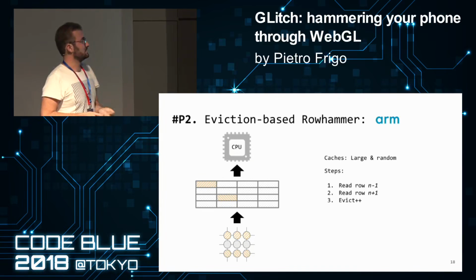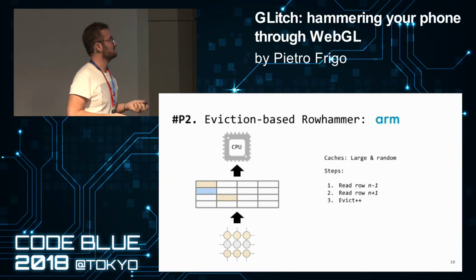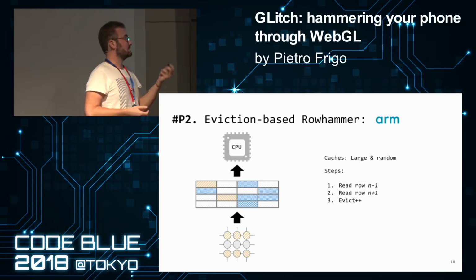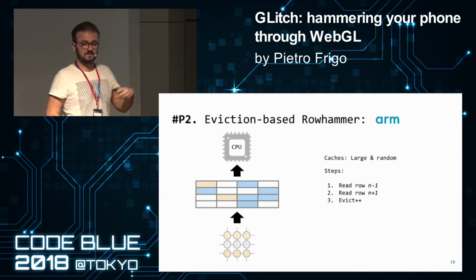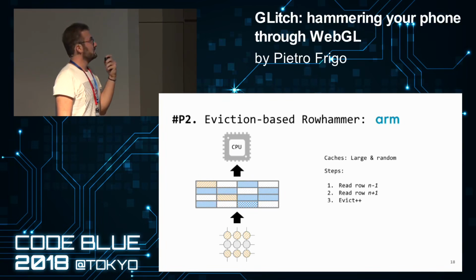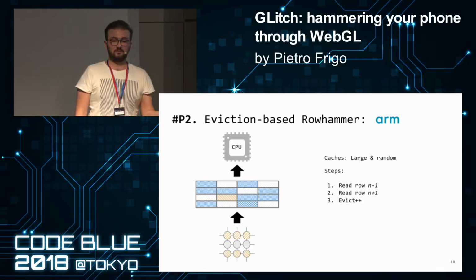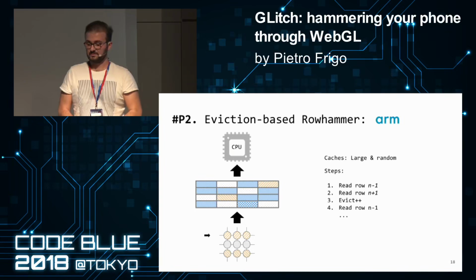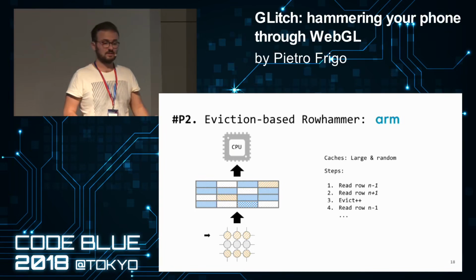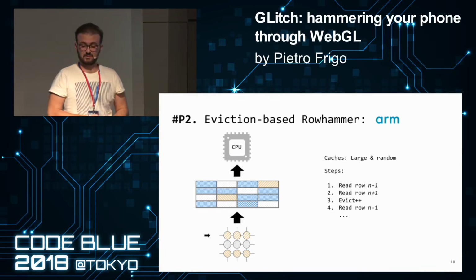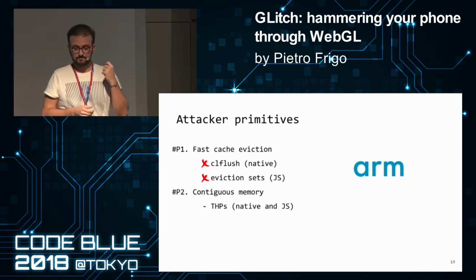And then you start evicting. You touch one page, another one, and you keep on doing it. Sometimes you may actually evict something that you use for eviction, so that's not really efficient. Until at one point, you remove the content from the cache, and you can access it again for your bit flips. But this doesn't work because it takes forever, since the cache is large, and as a consequence, this is not an option on ARM.